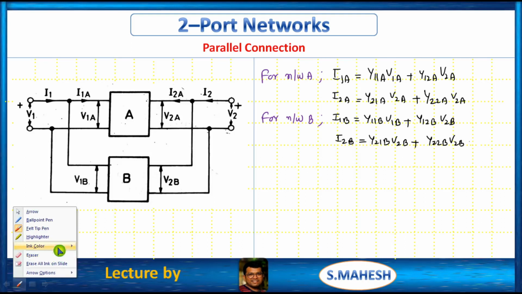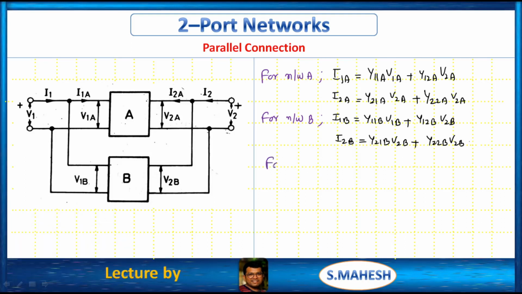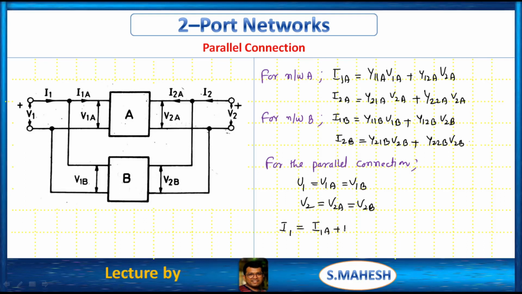For the parallel connection, V1 is equal to V1A, which is equal to V1B, and V2 is equal to V2A, which is equal to V2B. Since current division takes place, I1 is I1A plus I1B, and I2 is I2A plus I2B, that's it.